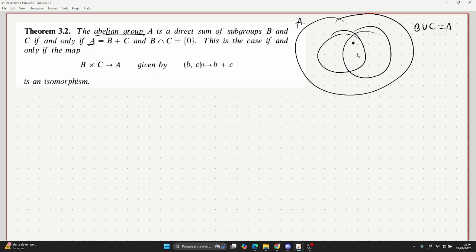Now let's check why it is an isomorphism. What's an isomorphism? An isomorphism is a homomorphism that is bijective, so it's injective and surjective.